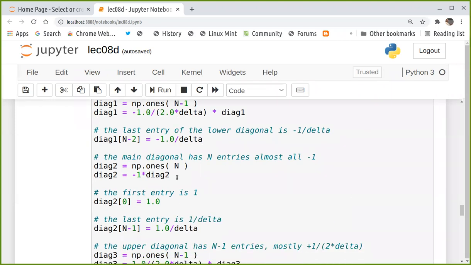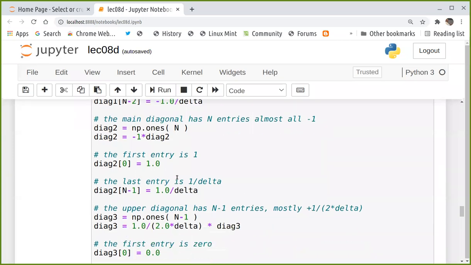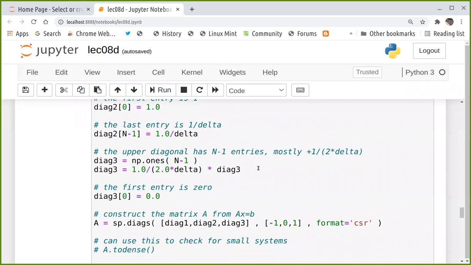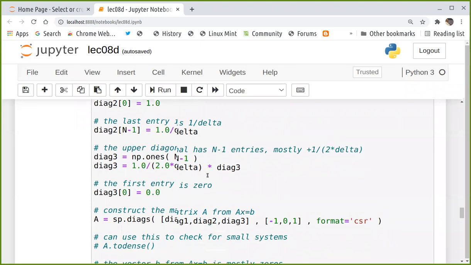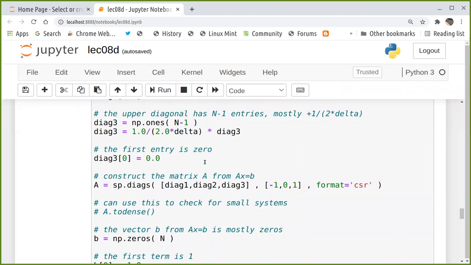The main diagonal had entries which were all -1, except for the first entry, which was 1. That was the one that specified the initial condition. And the last entry is 1/delta. And the third diagonal had entries that looked like 1/2 delta, except that the first entry was 0.